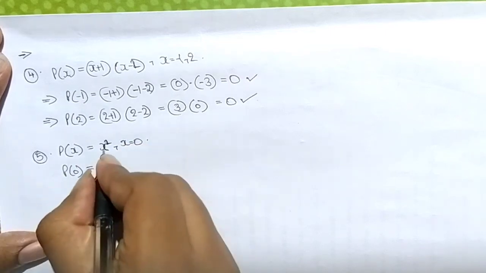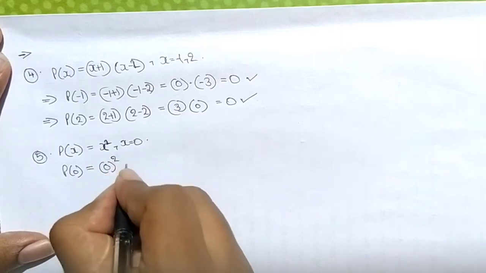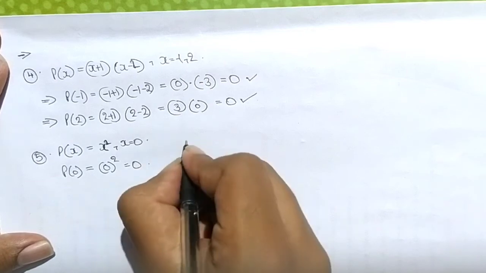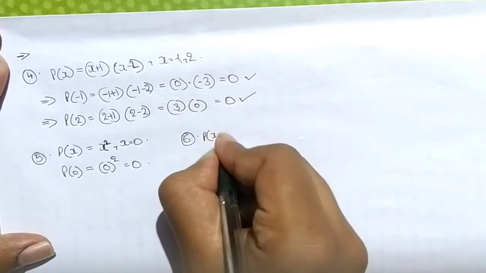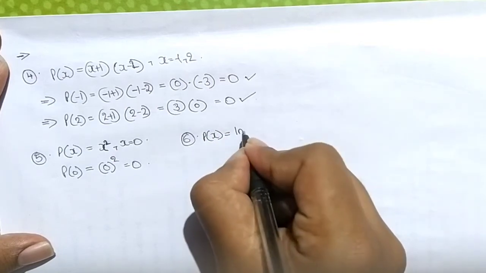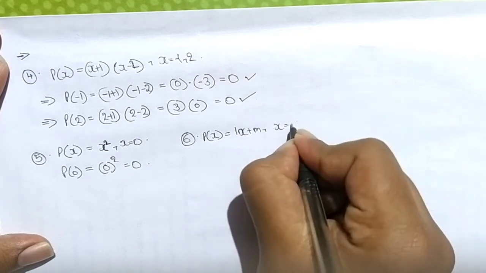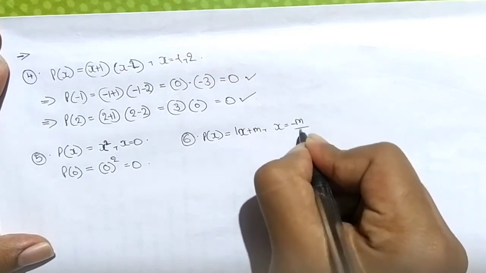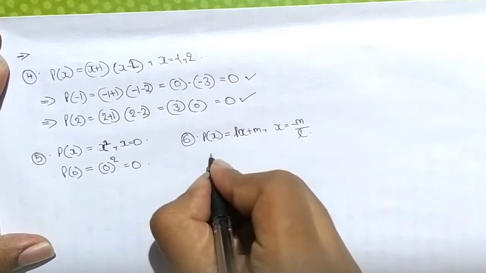So simple, substitute 0 in the place of x, 0 square is 0, hence it's a zero of the polynomial. Moving to sixth one, P of x equal to Lx plus m at x is equal to minus m by L. This is L, don't mistake with 1.